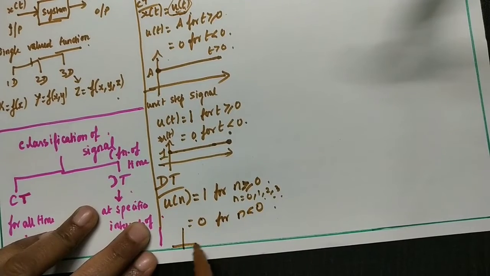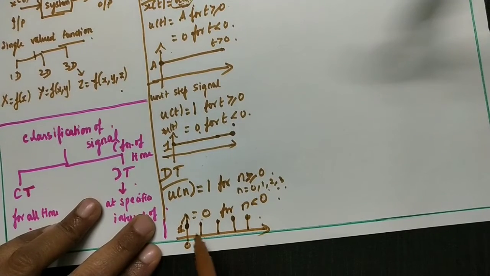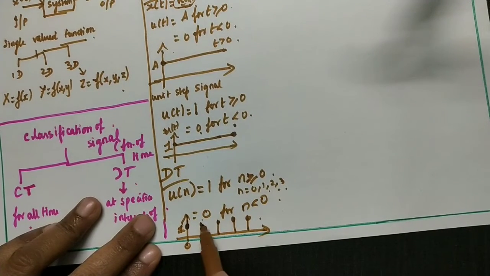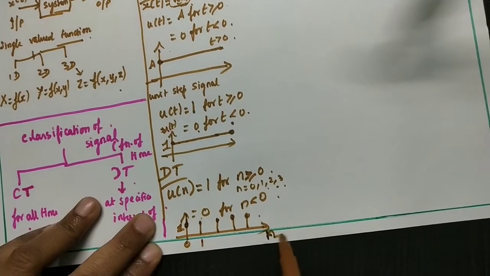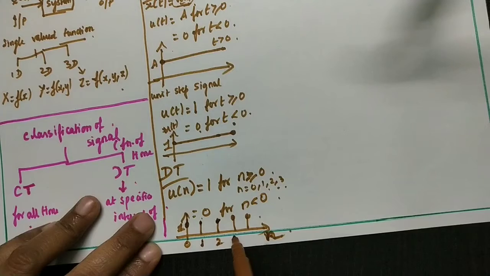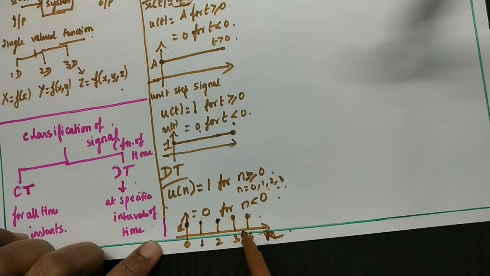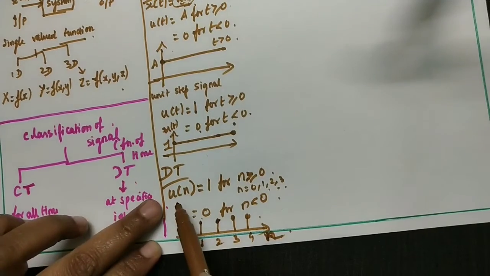So we can draw the curve like this. u of n equals 1 at the specific intervals of time: for index 0 the value is 1, for index 1 also the amplitude is 1, and for 2, 3, 4, for all the time the value is 1. This is the representation of the unit step signal for the DT signal.